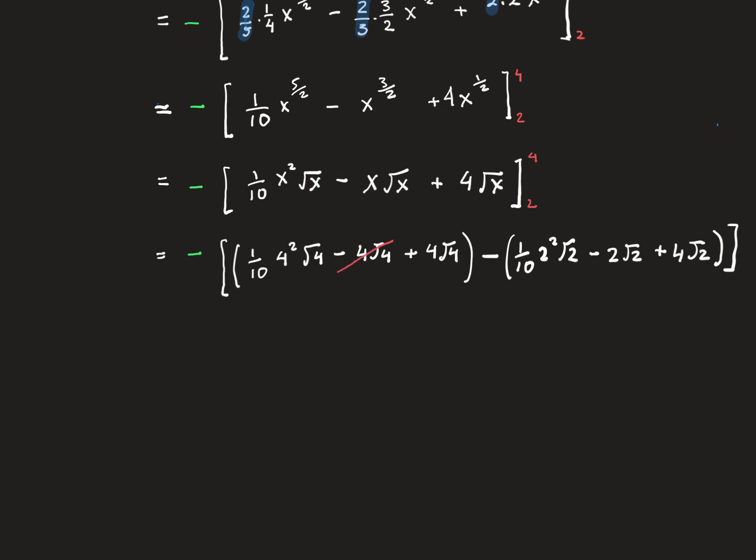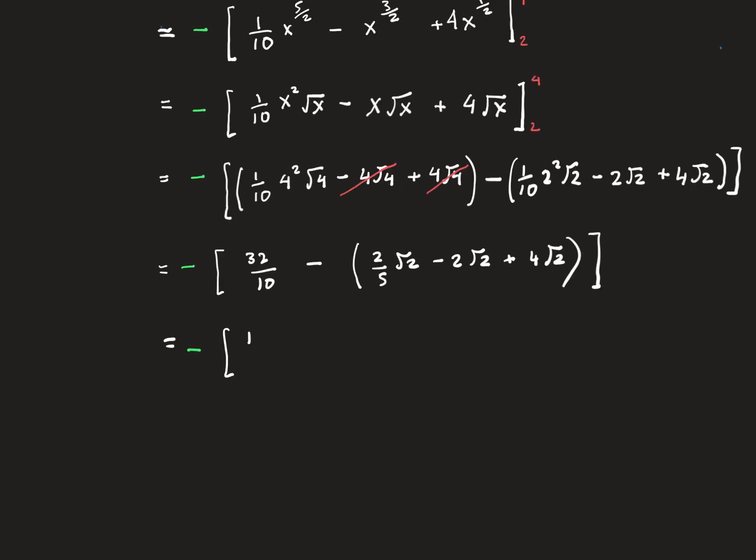Nice, I can cancel minus 4 root 4 plus 4 root 4, which is now just 32/10, and we will minus this part over here, so that's 4 on 10, which is 2 on 5 root 2 minus 2 root 2 plus 4 root 2, and we have nearly finished. Okay, 16 on 5 minus 12 on 5 root 2.